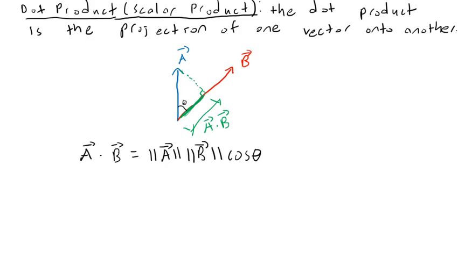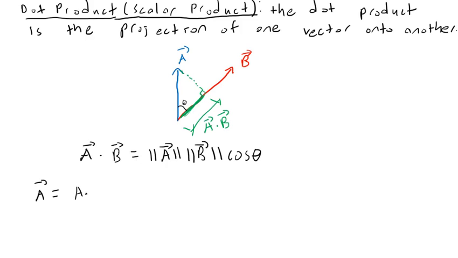Okay, fairly straightforward, very basic theory. Now, let's look at actually calculating the dot product. This is fairly straightforward. Let's look at these in terms of their rectangular components.